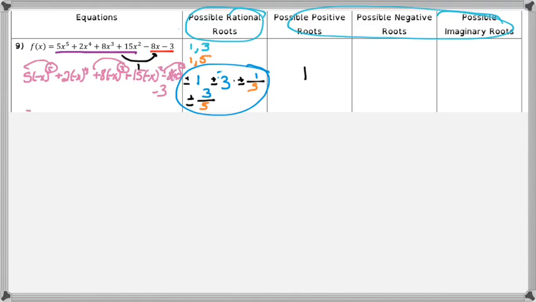And so this becomes negative 5x to the 5th plus 2x to the 4th minus 8x cubed and plus 15x squared plus 8x minus 3.